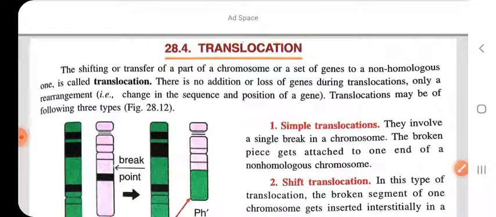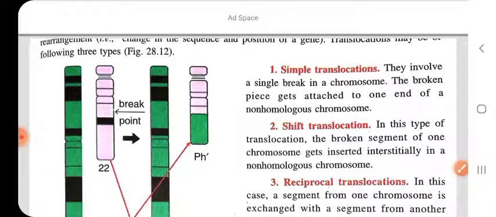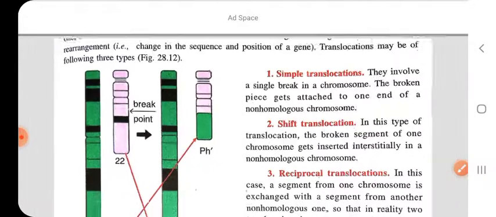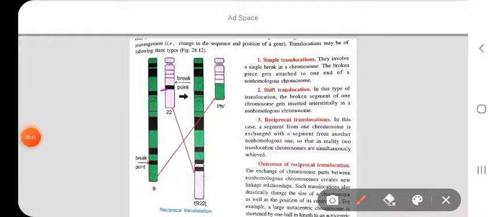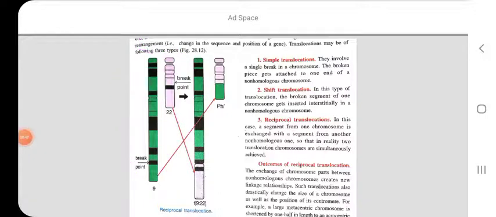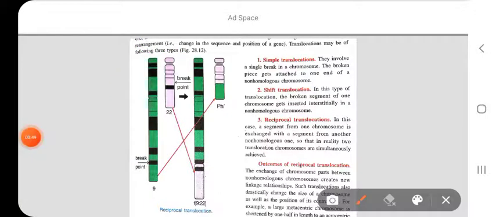So about translocation, it simply means transfer of a part of a chromosome or set of genes to a non-homologous chromosome. Here we can see two non-homologous chromosomes being shown, and they are exchanging parts.